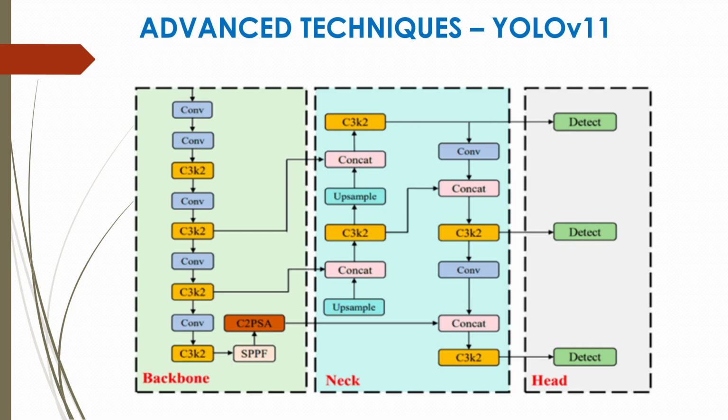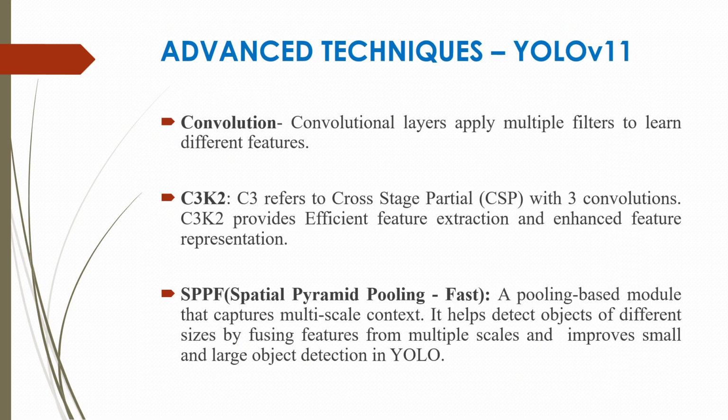And the head is for predicting: YOLO will detect the object, classify it, or we can use it for segmentation, and the output is produced by the head part.